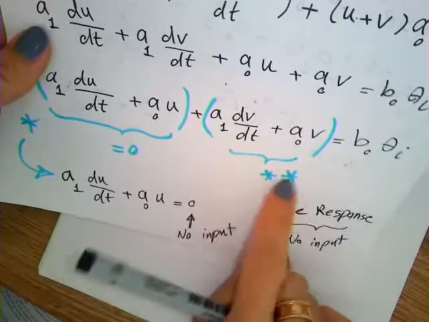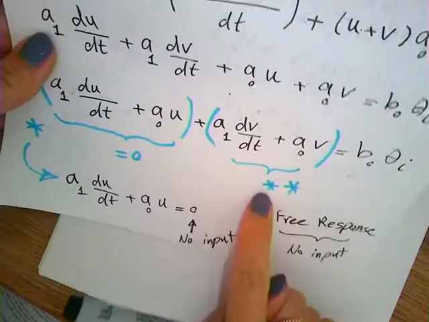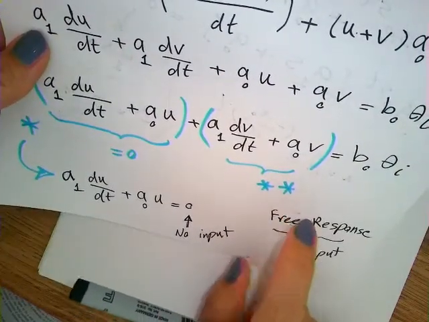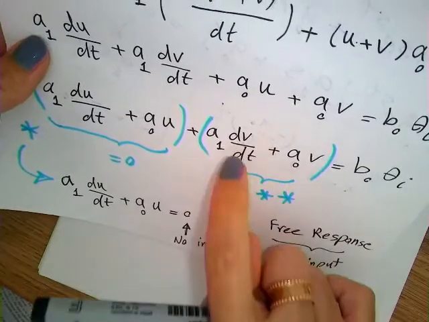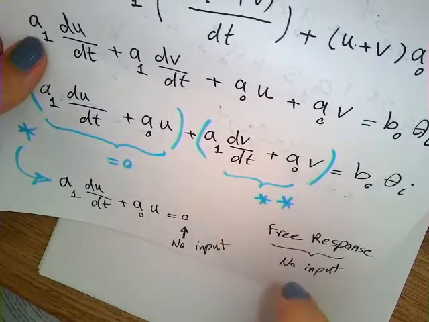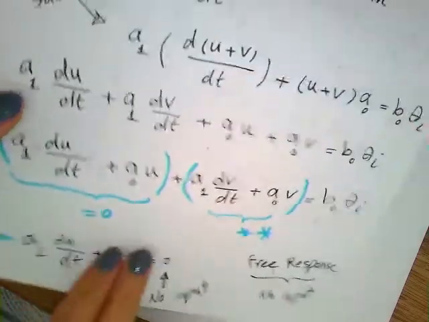So this time I'm going to look at the double star section of my response, and I'm going to see how I can obtain v with respect to a step input signal. Okay, I'm going to rewrite it again.